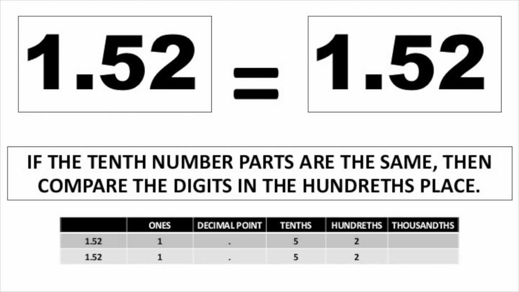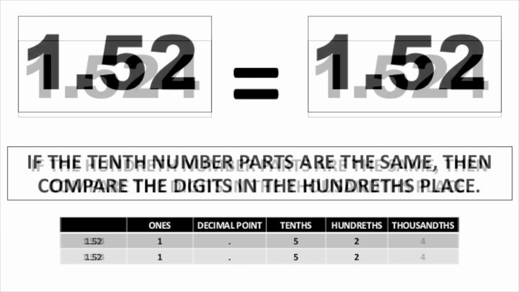Yes, the number is 1.52. The whole number 1, the decimal tenths 5, the decimal hundredths 2. And we've got 1.52 and 1.52. So what symbol should we use? Equal to again. Yes, we're using equal to so we can keep moving along the decimals.